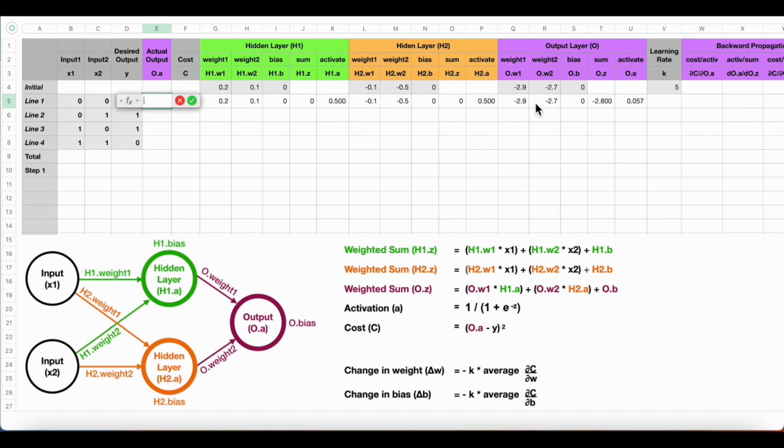I'm just going to point to the output activation, and then the cost is the output activation minus Y, and the whole thing is squared.